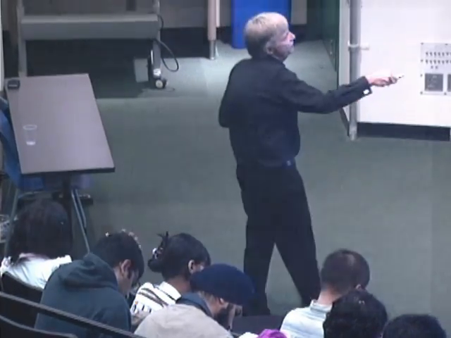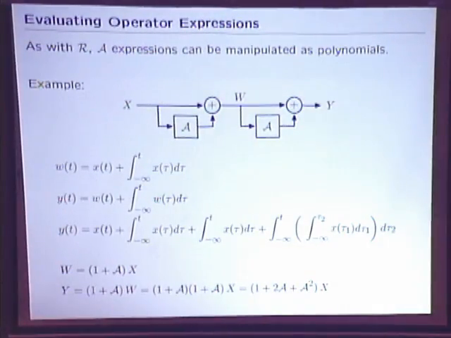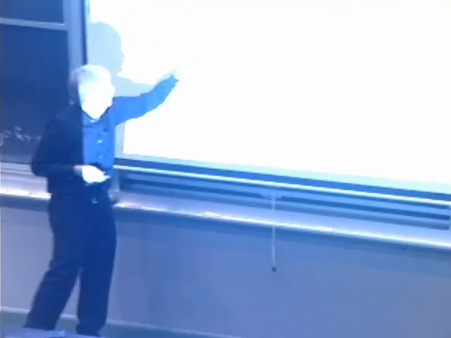So if you think about this feed-forward system that's now CT, not DT, I could construct W by taking X plus the integral of X, right? Then I could think about the Y signal as W plus the integral of W.